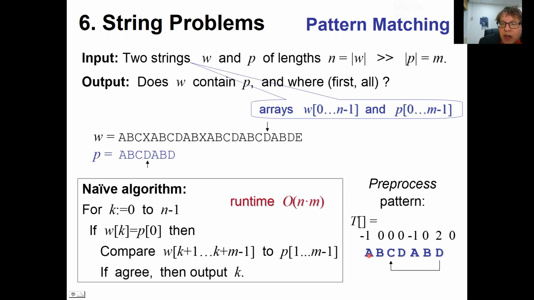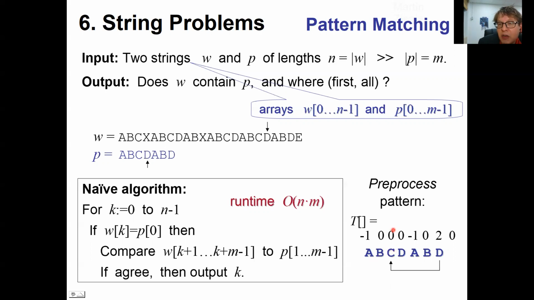So if we find an A in the search string, but the next symbol is not a B, then we should reset the index in the pattern to the beginning and check whether this symbol in the search string, which is not a B, happens to be an A, because if it happens to be an A, then we can resume our comparison for the rest of the string.